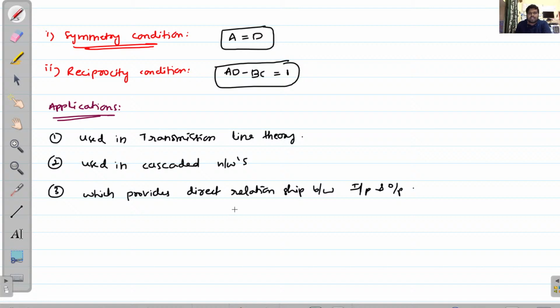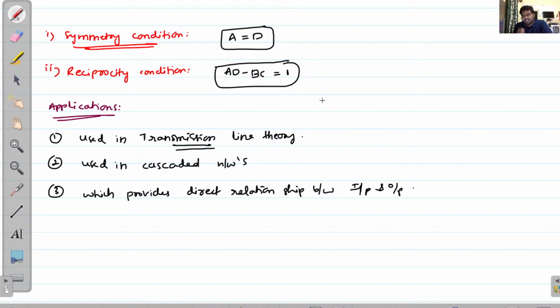Okay, these are the three applications, and especially this is transmission line theory if you are taking power generation to the power utilization point. Generally power generation is possible in various formats: coal based generation, water based generation, and wind based. So we have various methods to generate power.